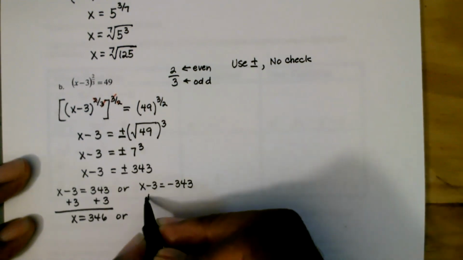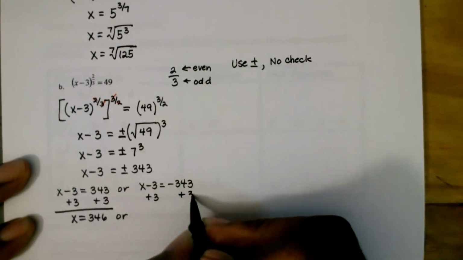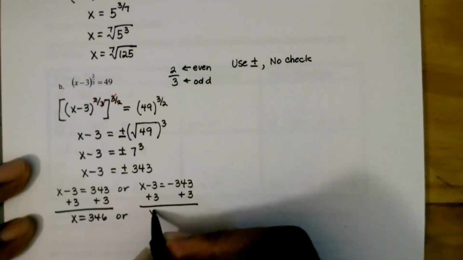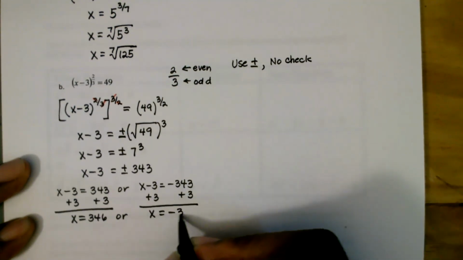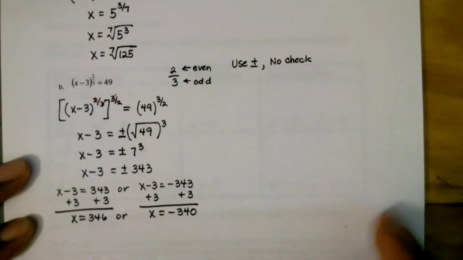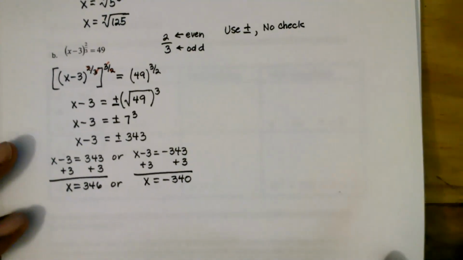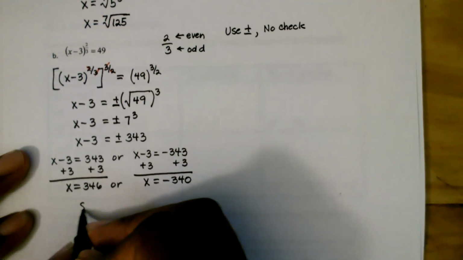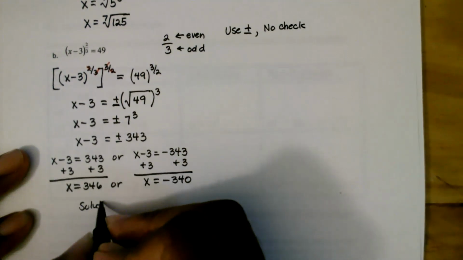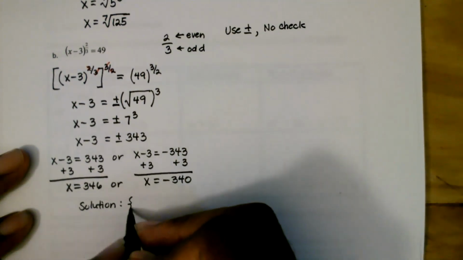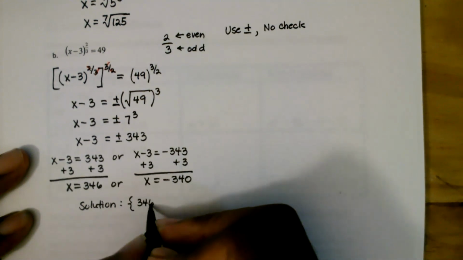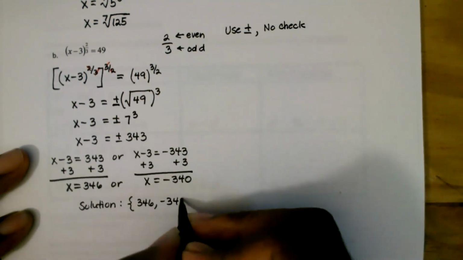Or for the x minus 3 is equal to negative 343, you'll add 3 to both sides. You'll get x is equal to negative 340. So in this case here, your solution is going to be this, 346 or negative 340.